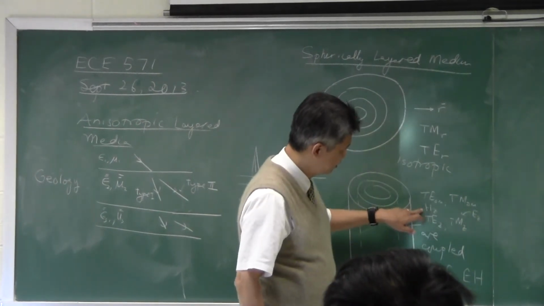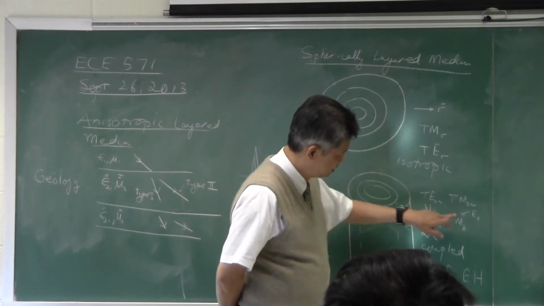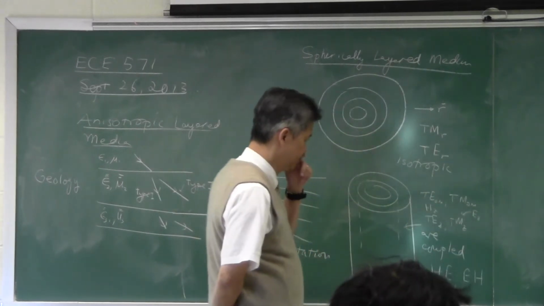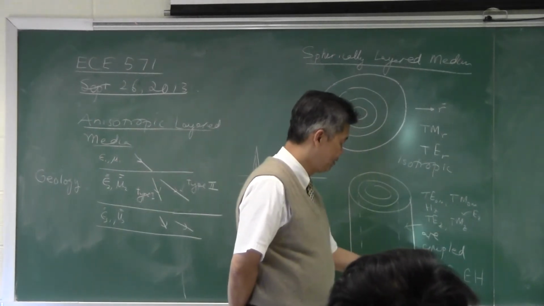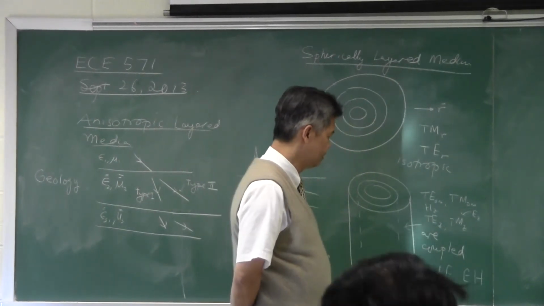TE to Z means you can model it with HZ, TM to Z means you can model it with EZ. But then if they're always coupled, you call them EH or HE modes in optical fiber.